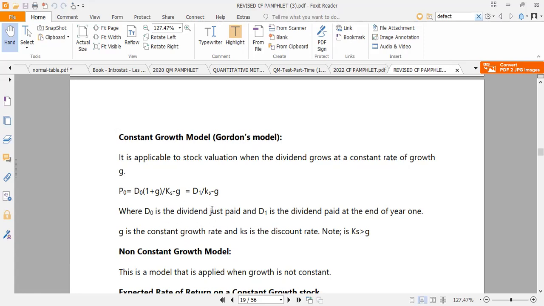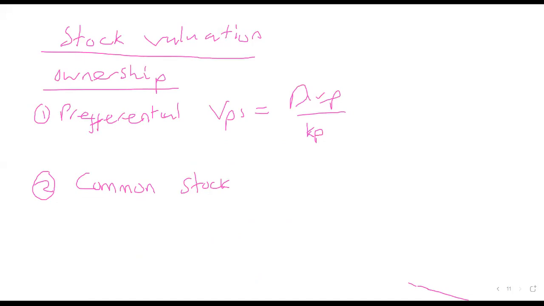This is the most common model. Now, because this is dependent on the time value of money, I'll start explaining the constant growth model.